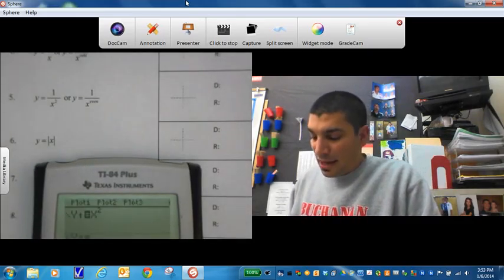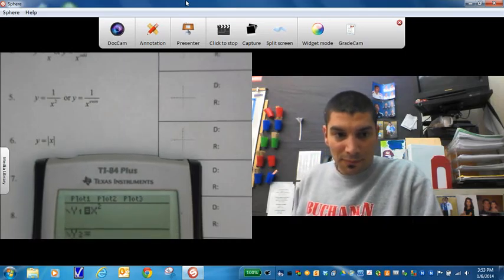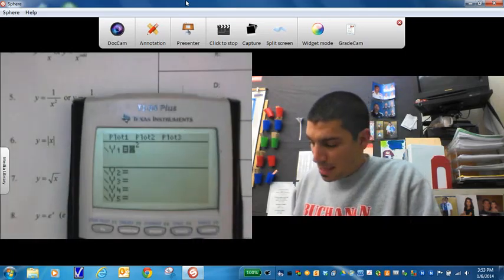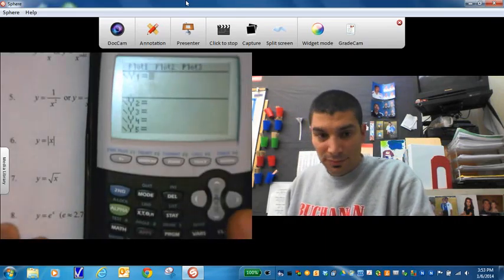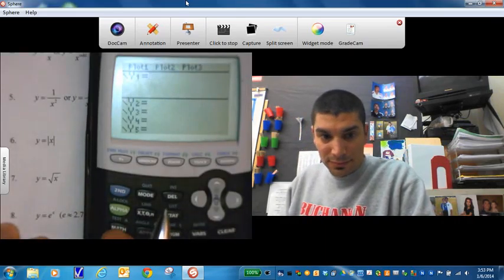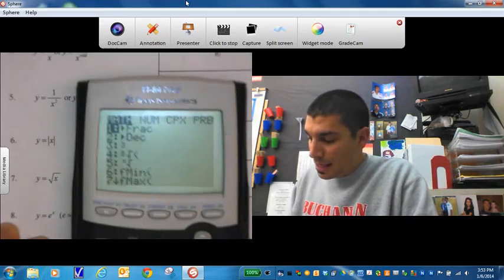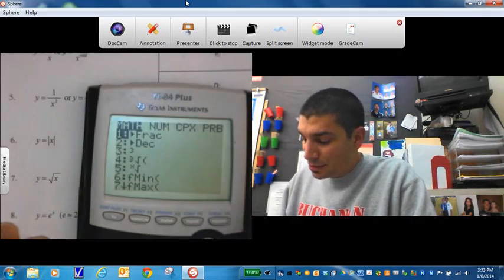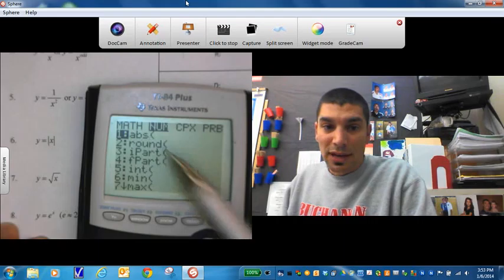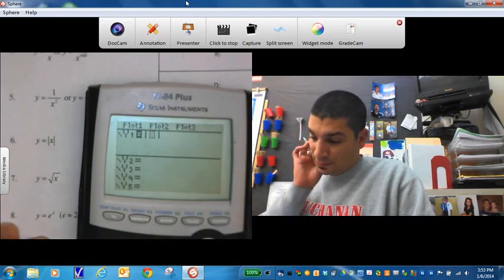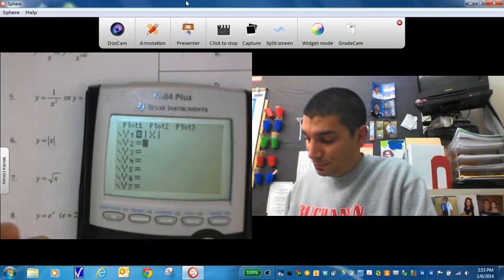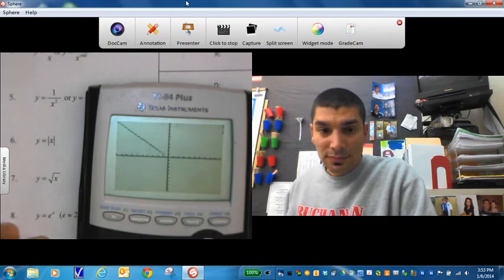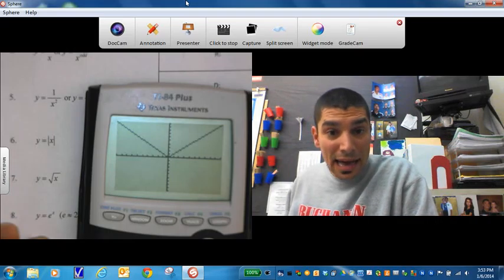If I go here, if I want to do absolute value under math, under numbers is absolute value. And you can see that I have absolute value of x there. So now I have the function.